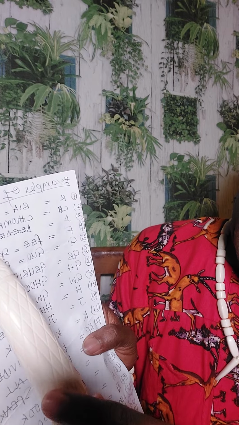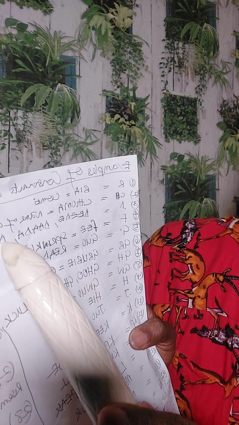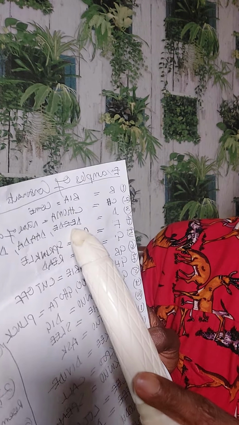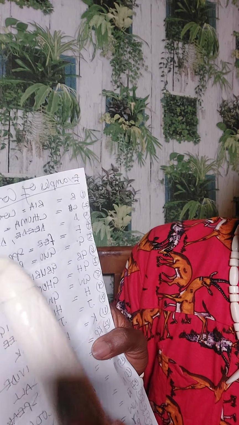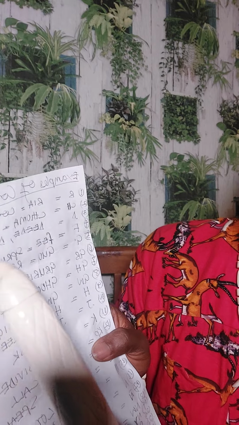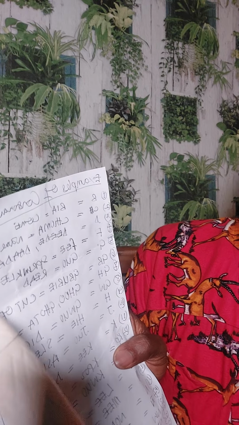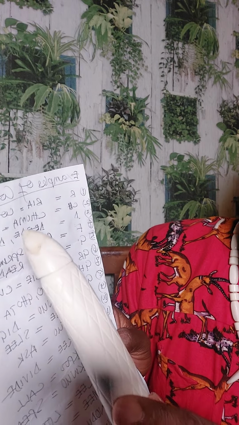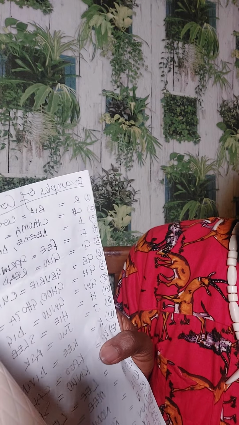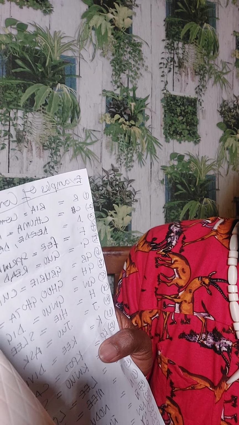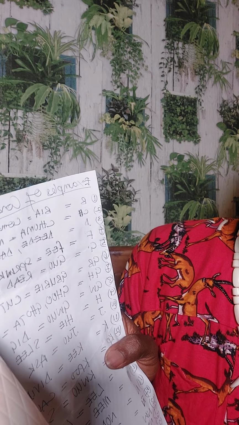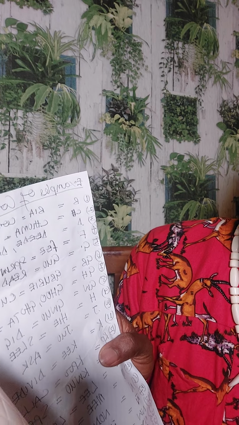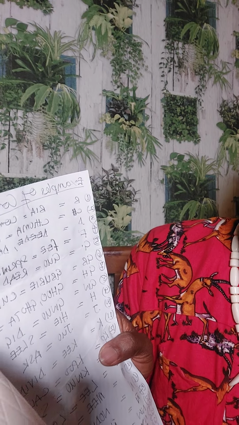Da and dada are the same thing. De and dede are the same thing. Dede and de are used for the male, while dada and da are used for the females. All of them signify that the person being addressed is an elderly person or someone older than we are.